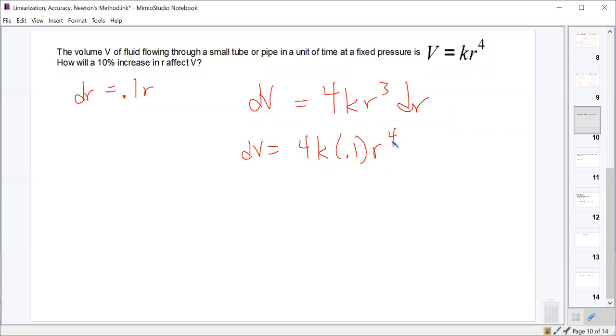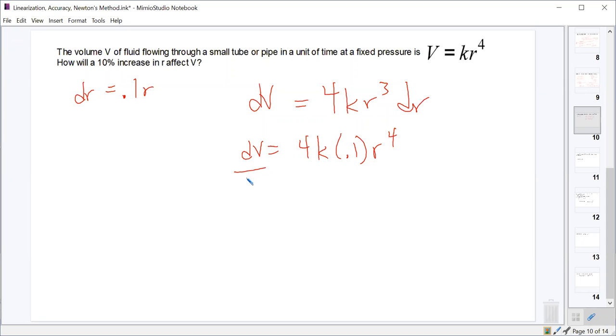So that tells us what dV is. But what are we looking for? We're looking for dV over V, right? So we need to look for how much that change affects it. And we were given a percent change originally, so we should probably give a percent change in the end.